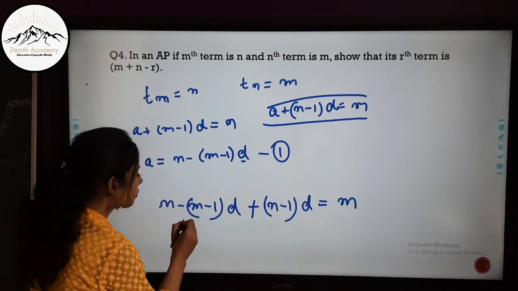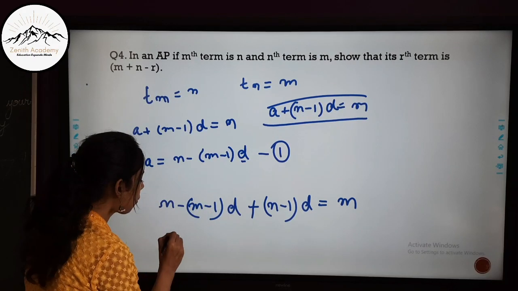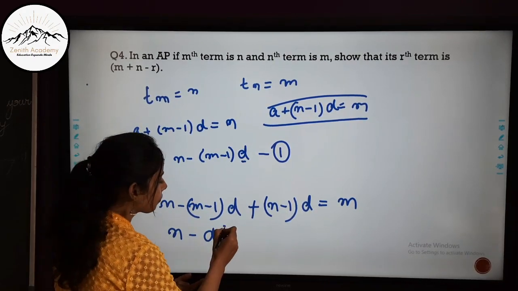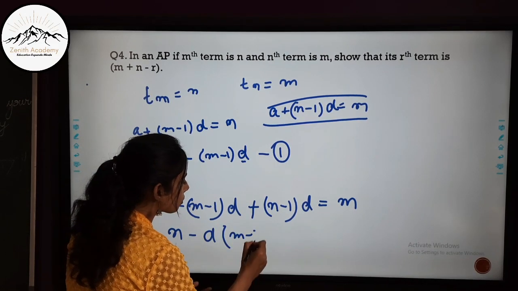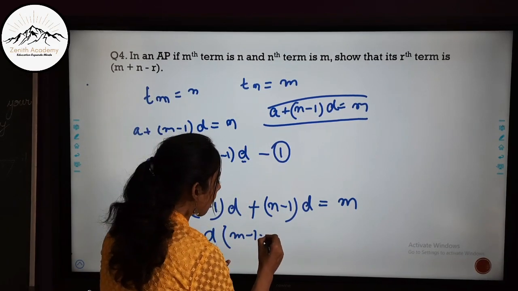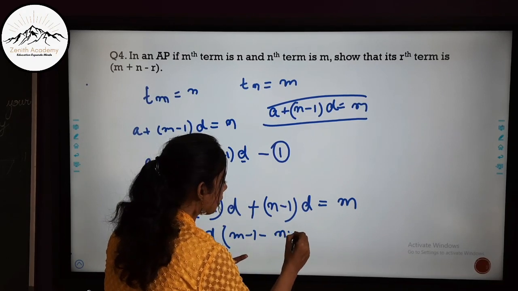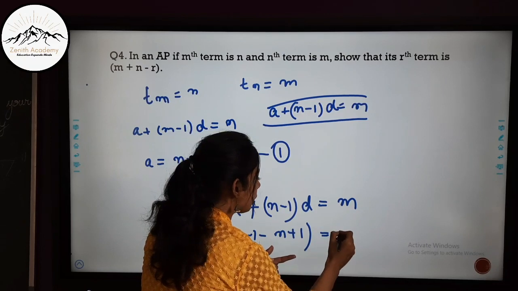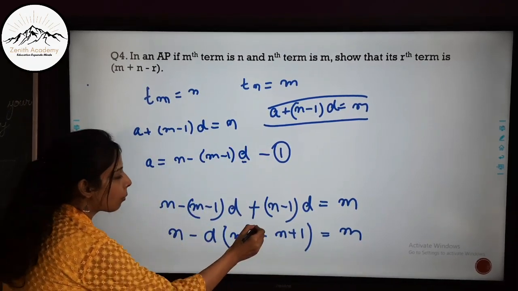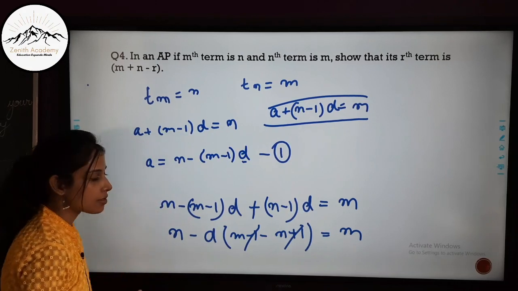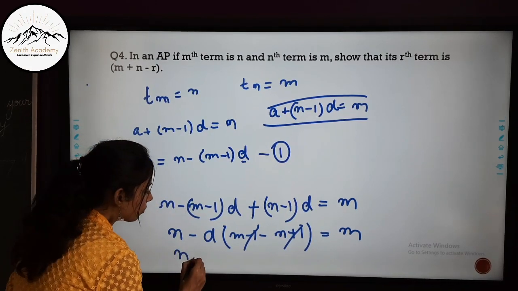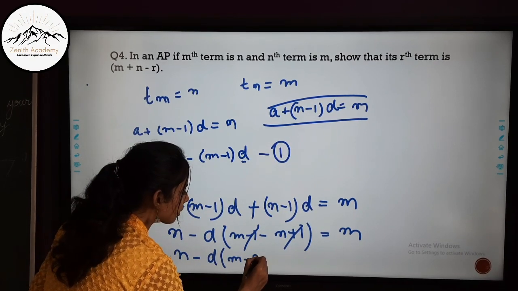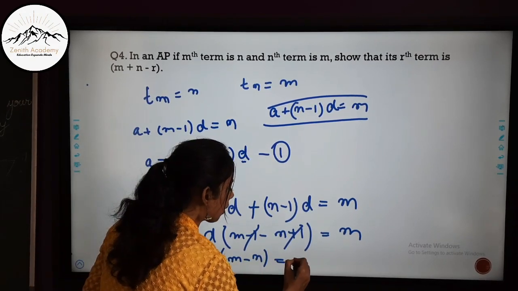Now taking d as common, n minus d into m minus 1 minus n plus 1 is equal to m. Now minus 1 and plus 1 will get cancelled. We have n minus d into m minus n is equal to m.